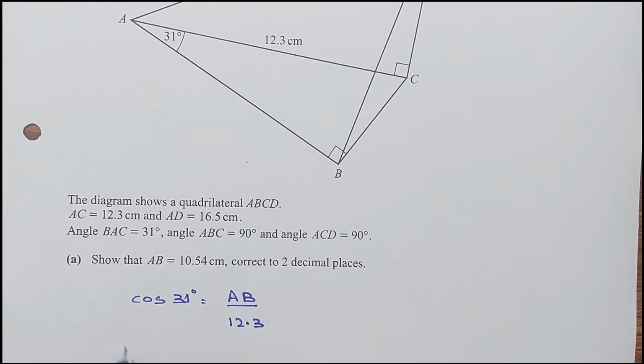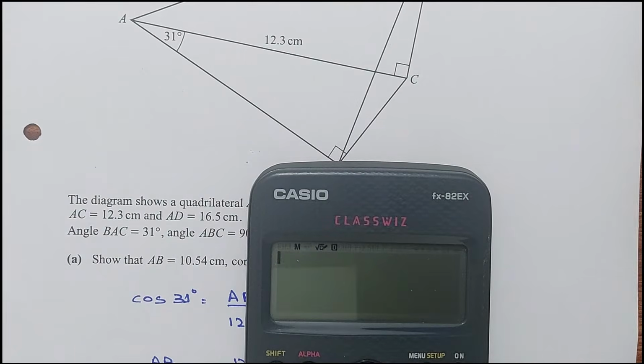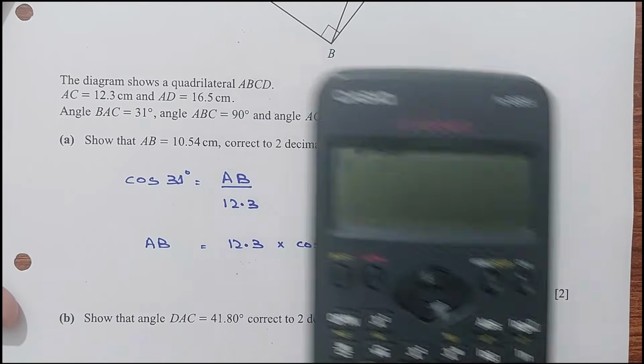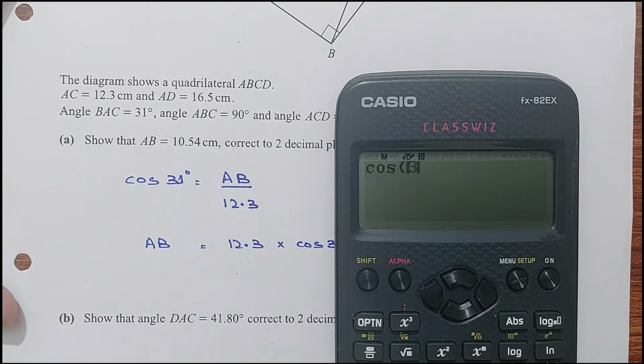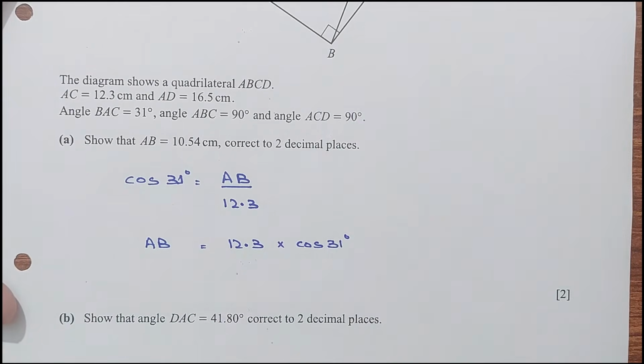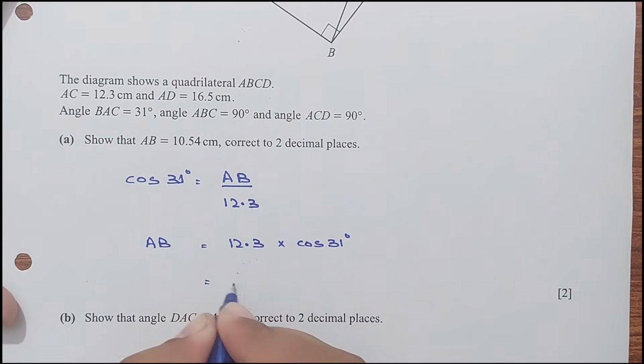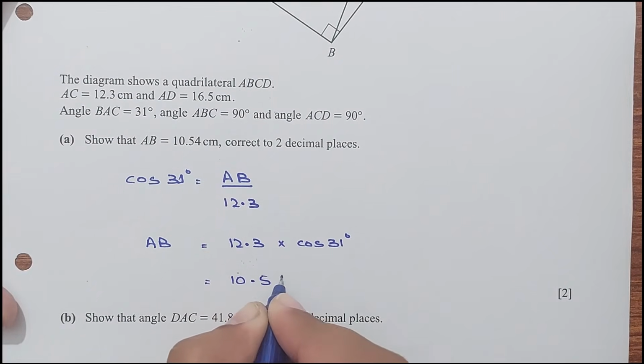Let me solve for AB. AB is 12.3 centimeters times cos of 31 degrees. My calculator is already in degrees, so let me calculate cos 31 times 12.3. This is 10.54, correct to 2 decimal places. Yes, it is correct, 10.54 centimeters.